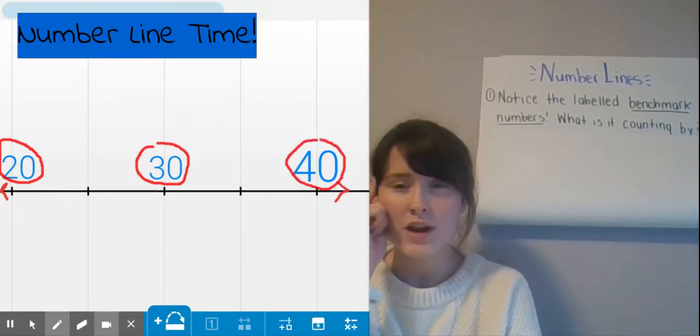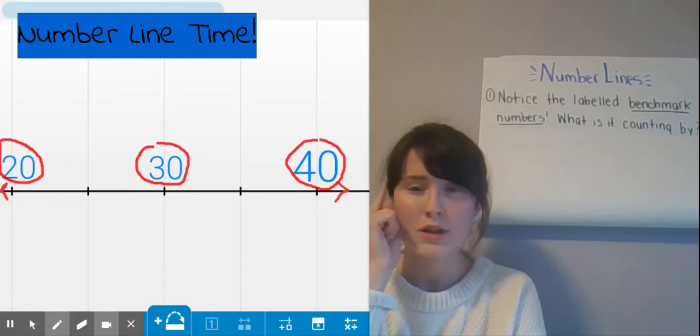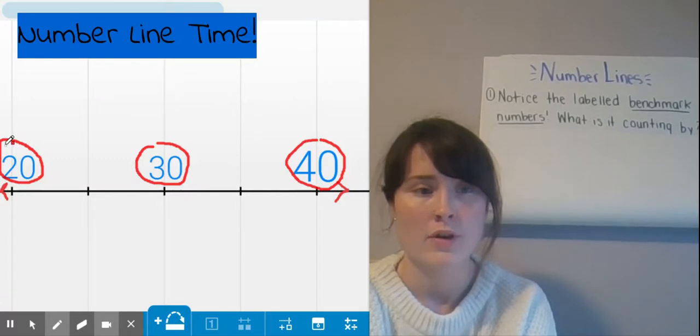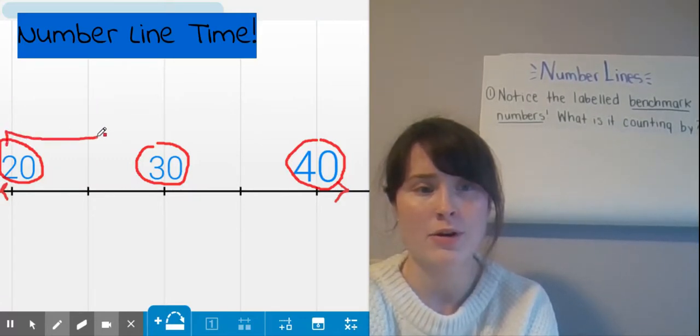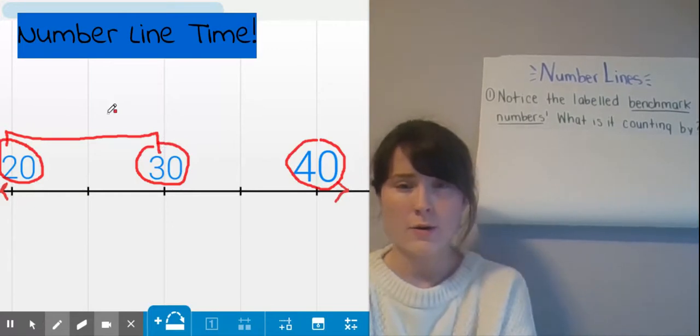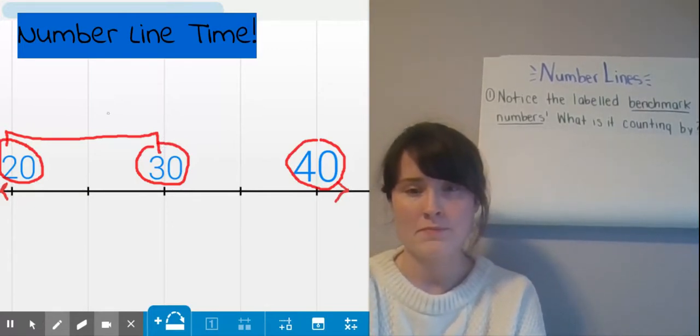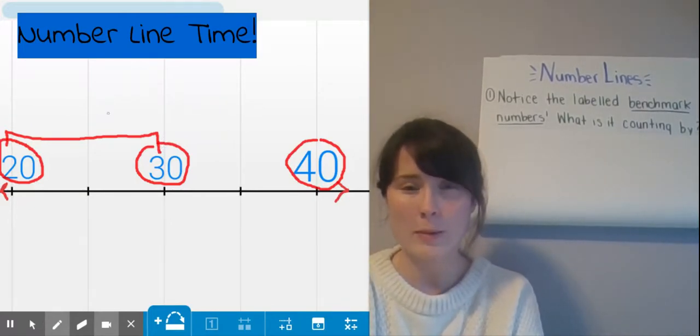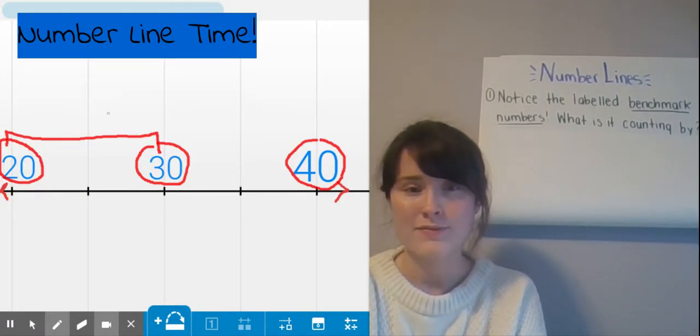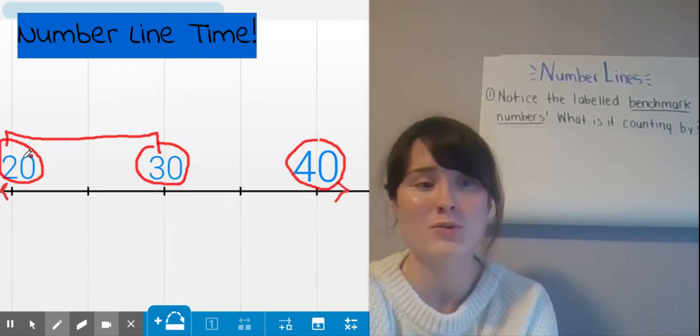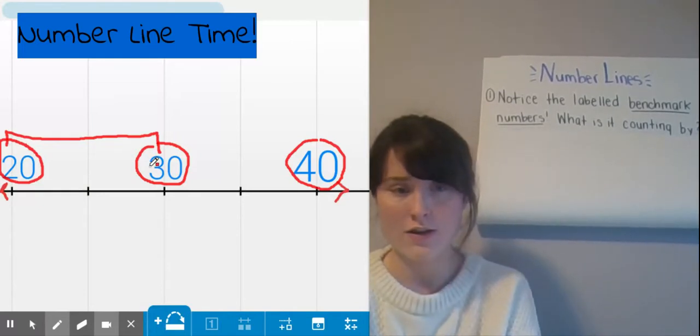And we ask our brains, what is this number line counting by? So between this benchmark number 20 and this benchmark number 30, what were we counting by? How many hops did we take? If you knew that that part of the number line was counting by 10, then you rocked it. So that's 10 hops between 20 and 30.